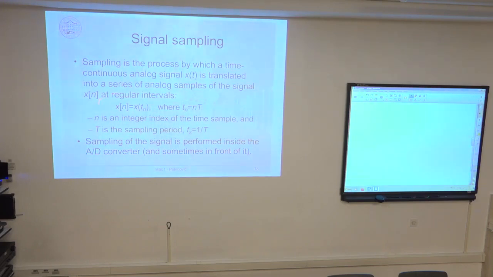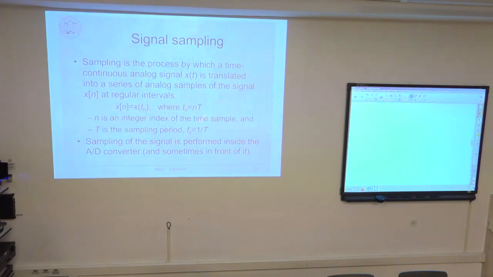And these samples are equidistant in time. So I will have a sampling period, and this sampling period, capital T, will be the same for all the samples. So what it does, it actually takes this value of continuous time signal x of t at regular time intervals, integer number n times sampling period capital T.